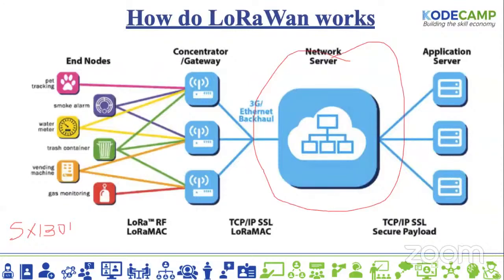If the device is of class B, reception has to be scheduled, so the network server is going to schedule that and send that information, and also manage the data rate and radio frequencies and others.